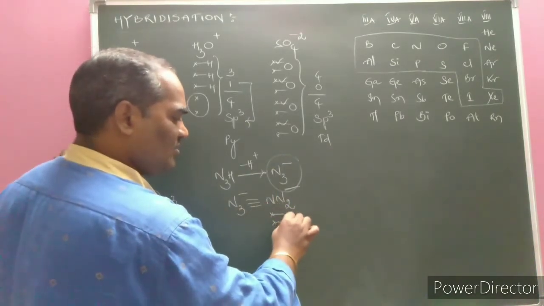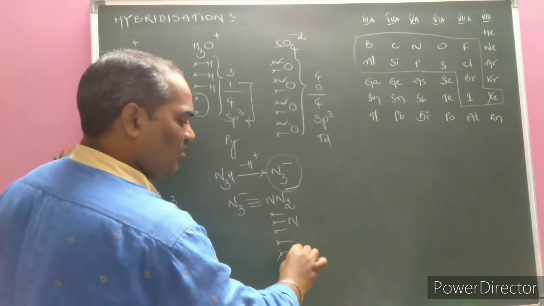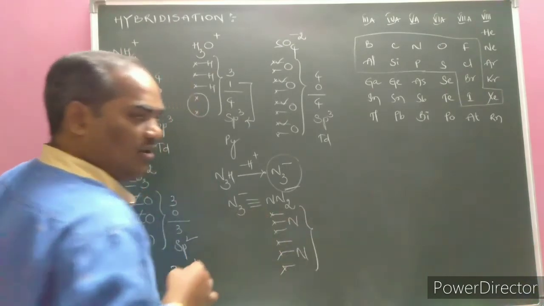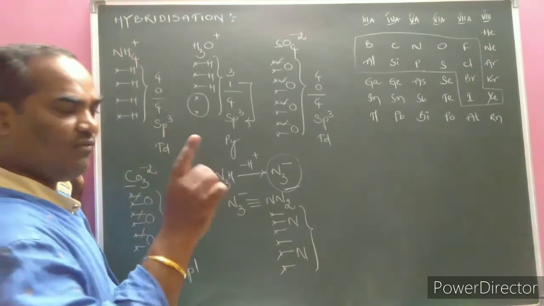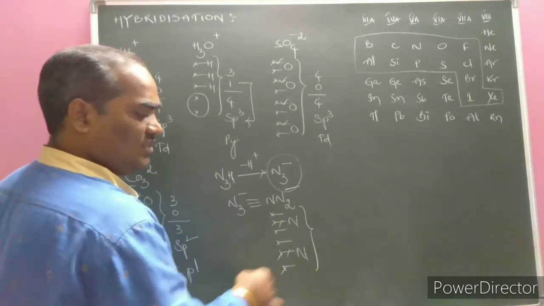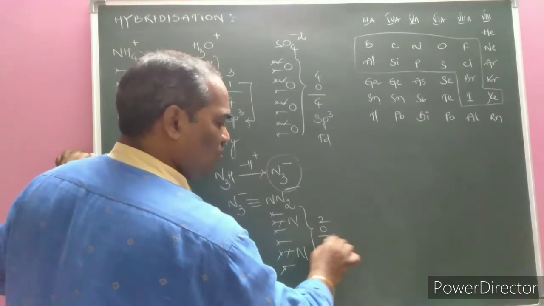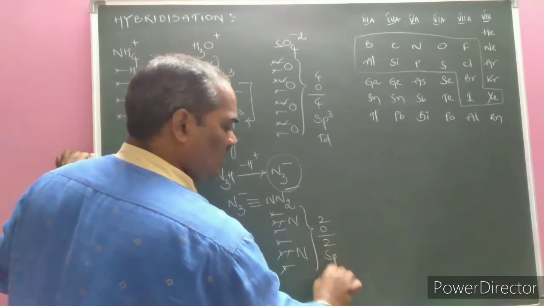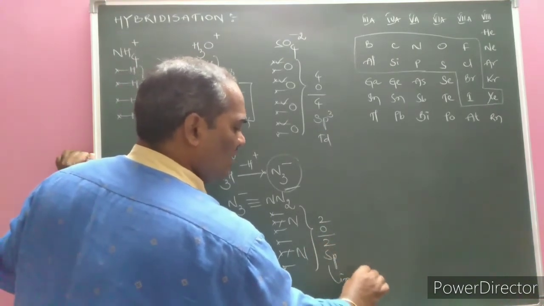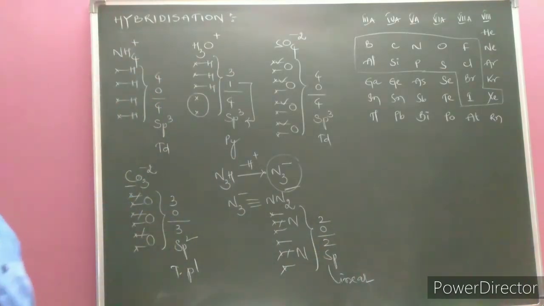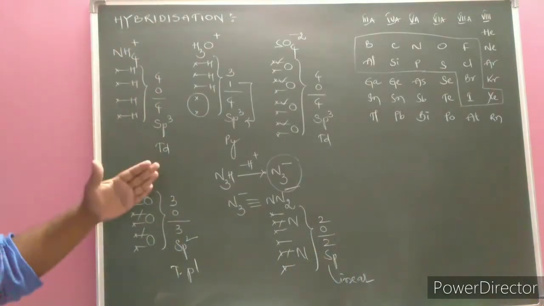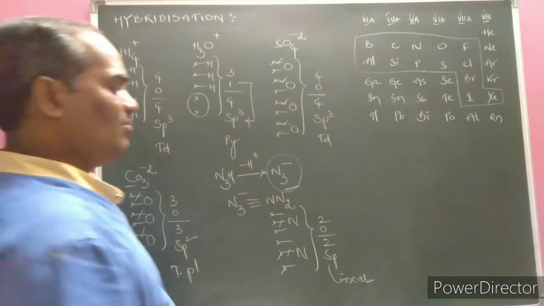Each nitrogen atom requires 3 electrons to make the bond. A triple bond is made up of only 1 sigma bond. 1 sigma, 1 sigma, and there is no lone pair of electrons. 2 sigma, 0 lone pair, total 2. Hybridization is sp and the shape becomes linear in geometry. Like that, a cation, an anion, as well as a neutral species are completed.